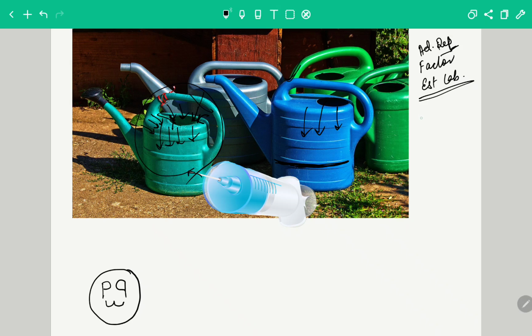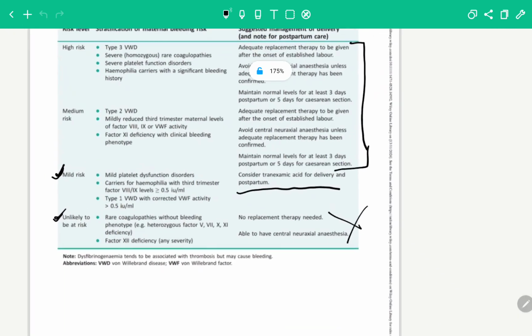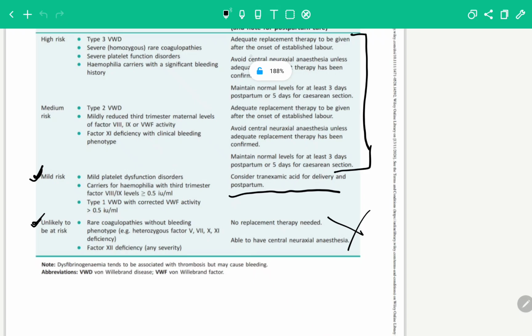That is, you have to avoid using central neuraxial anesthesia until and unless the water that you've given is adequate for replacement therapy. So once you have ensured adequate replacement of the deficient factor is done, till then don't puncture the water tank, otherwise the whole system will not function.